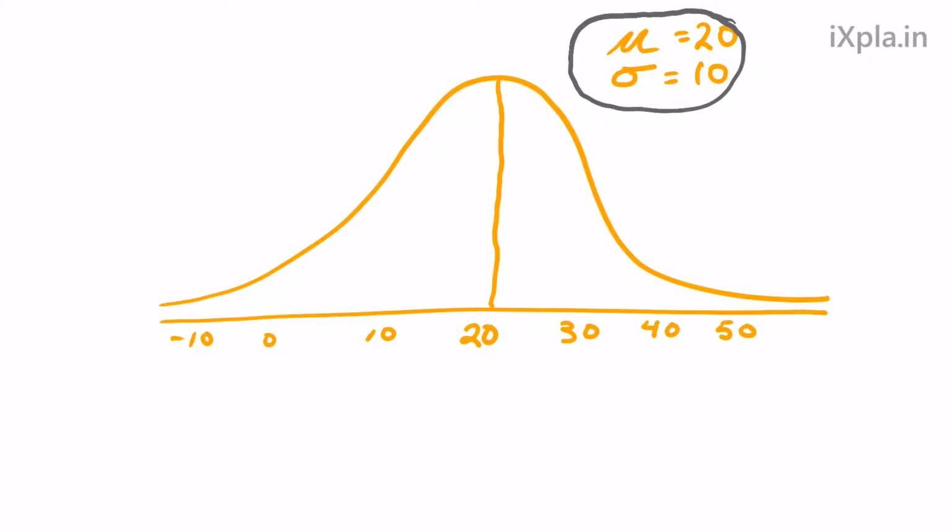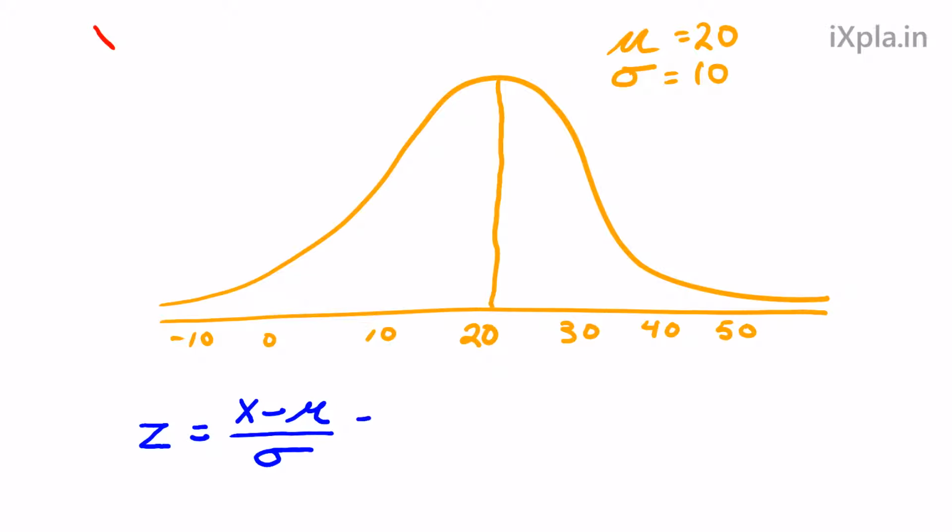Okay, I'm going to give you a chance to do this. Here is another curve with the mean and standard deviation of 20 and 10, respectively. First, I want to show you how we can convert the raw score number line that we have on the bottom into an actual z-score number line.